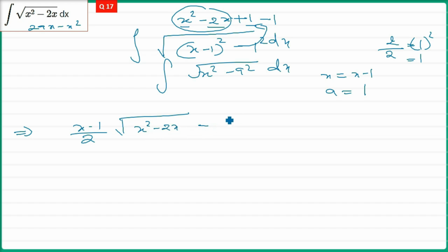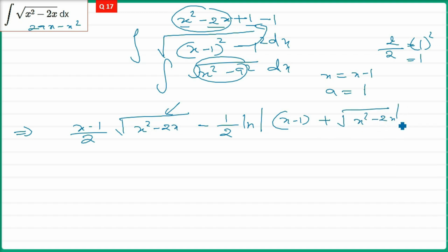Then we have minus a square by 2. What is a? 1 by 2. Now ln modulus of x minus 1 plus under root, again the same thing, x square minus a square. So x square minus 2x will again come. So you can write under root x square minus 2x, plus constant of integration. This is your final result.